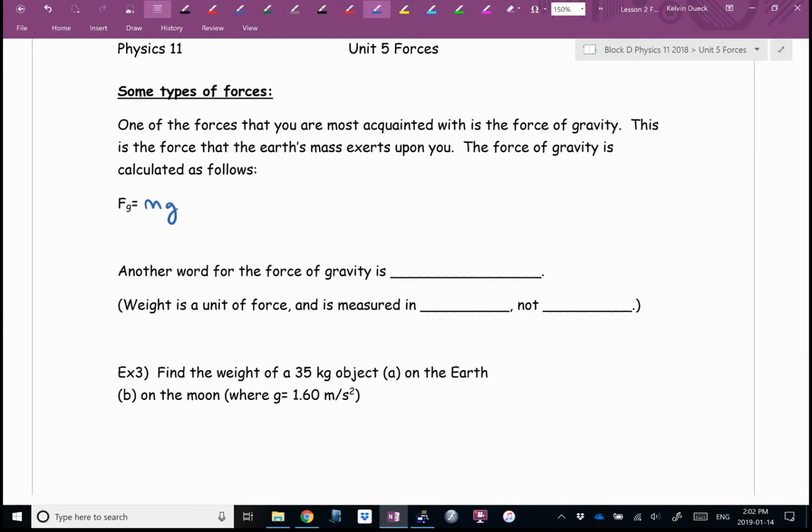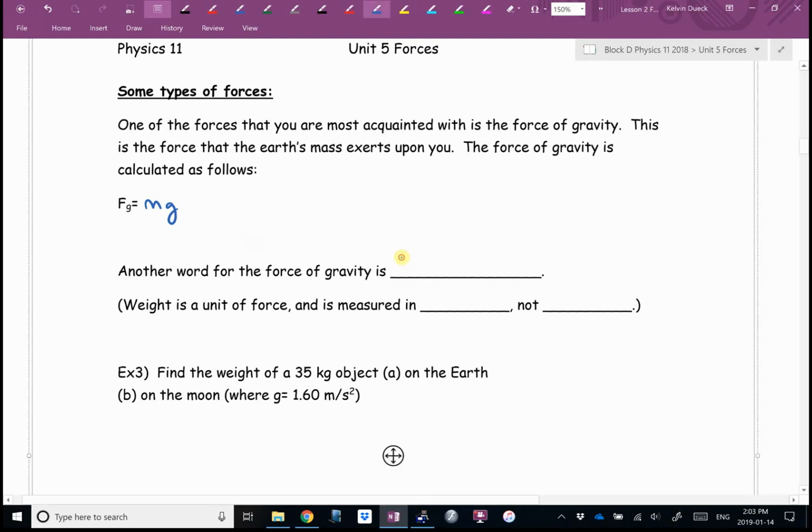Okay, and F equals ma, right next to it, Fg equals mg. And did I also tell you on your formula sheet another word for gravity? For the force of gravity? Okay. He figured it out.